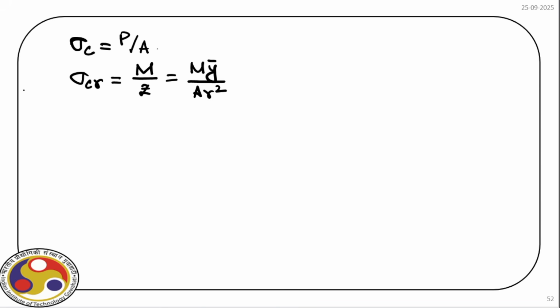Right. Now, if you have a column with eccentricity, we can write down this M, which is P times e times y bar divided by A times r square times sec lambda L by 2.